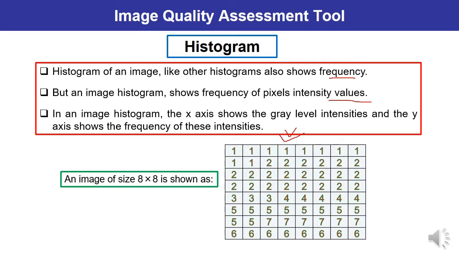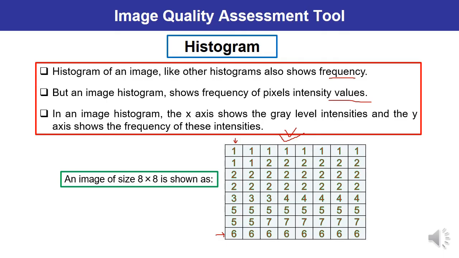Here we have taken an image of size 8 cross 8, just as an example, and corresponding to each coordinate, the pixel values have been mentioned. For coordinate 1,1, the intensity level is 1. For coordinate 8,1, the intensity level is 6.